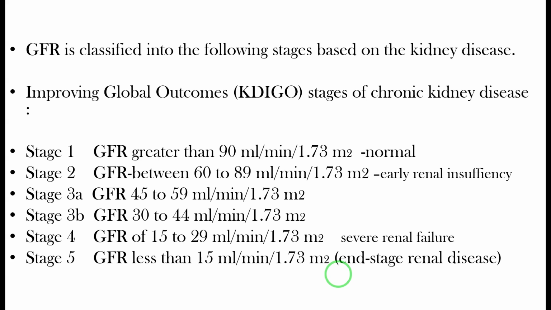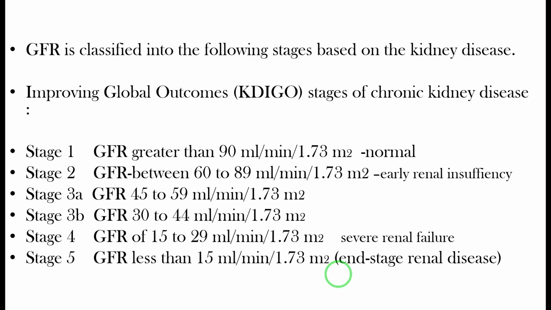So when we measure the clearance, the clearance reflects the glomerular filtration rate, depending on the marker, whether exogenous or endogenous. The exogenous is inulin and the endogenous is creatinine, which is the most commonly used marker. After we measure their concentration in the plasma and in the urine and the volume of the urine, we apply the previous equation.